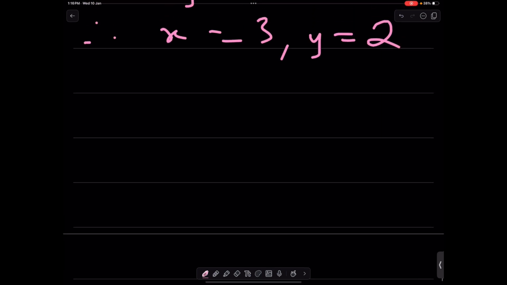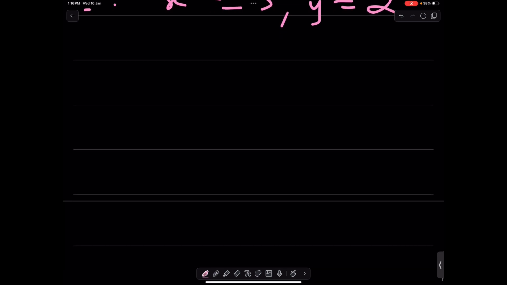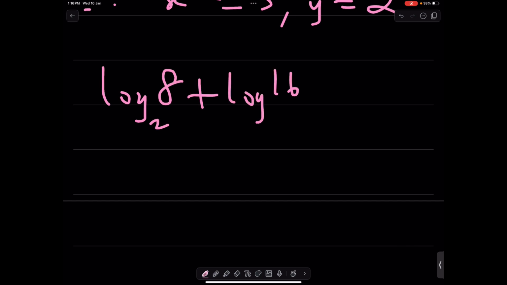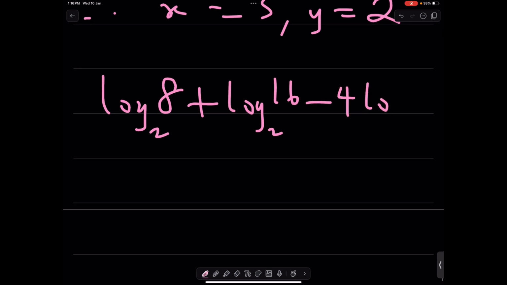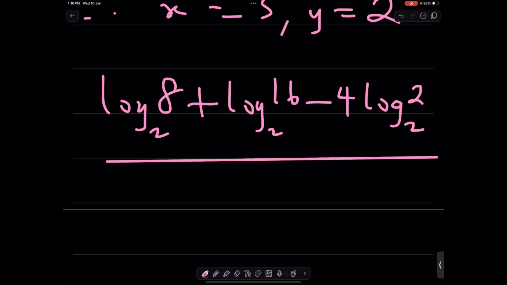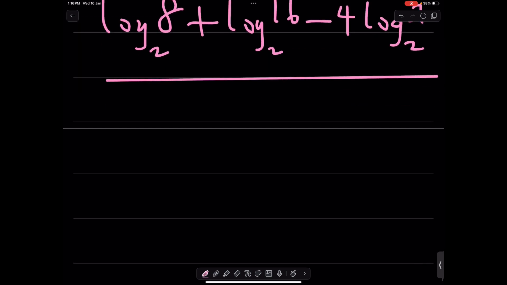Now to the last one from the same year, 2020. Simplify log 8 base 2 plus log 16 base 2 minus 4 log 2 base 2, all over log 16 base 4.